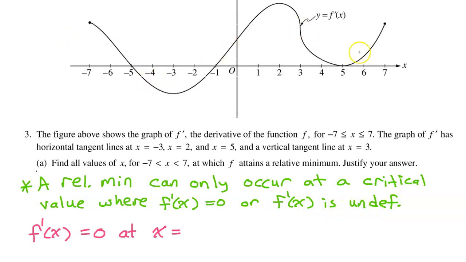We are looking at the graph of f prime, so it will be easy to see where f prime is equal to 0. It's equal to 0 here at x equals -5, and here at x equals -1, and here at x equals 5.